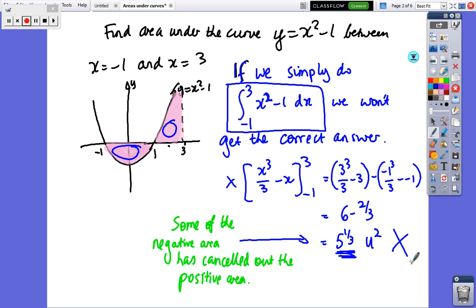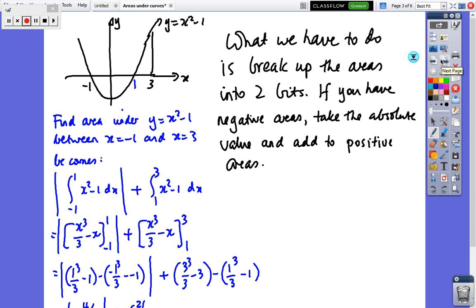So come across and have a look. So what we've got is we have to break up the curve into 2 bits. So we're going to go from minus 1 to 1 for one calculation, and then we'll do 1 to 3 in a separate calculation. And the trick is, if we know we've got negative areas, what we do is we use what's called absolutes.